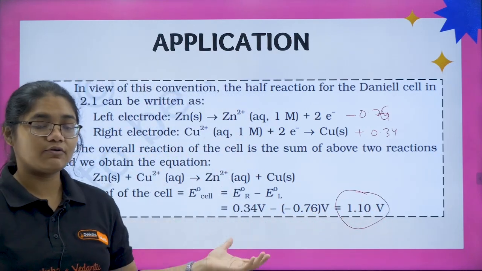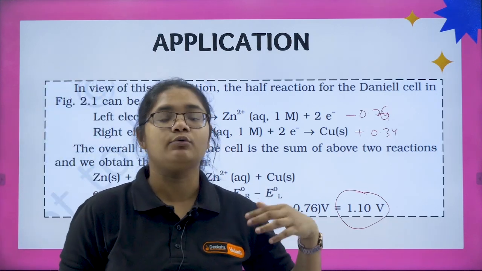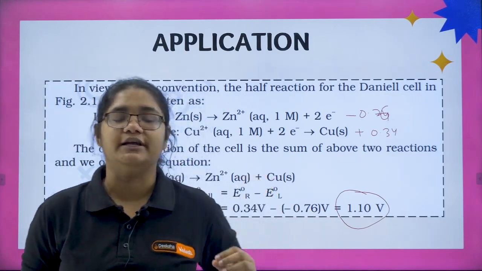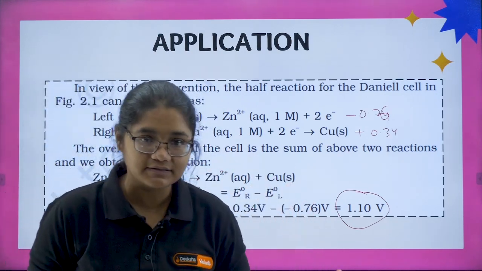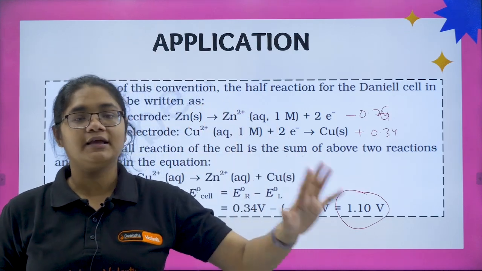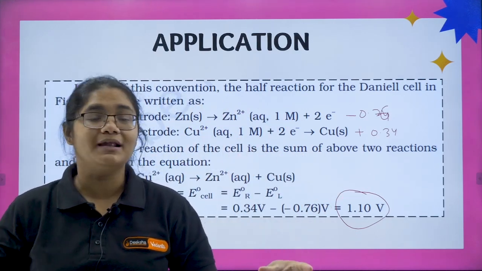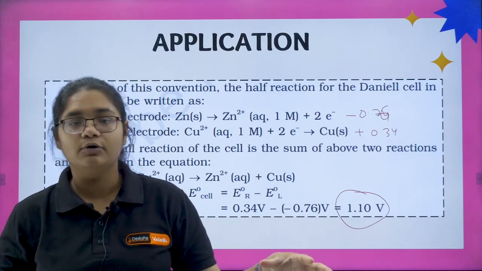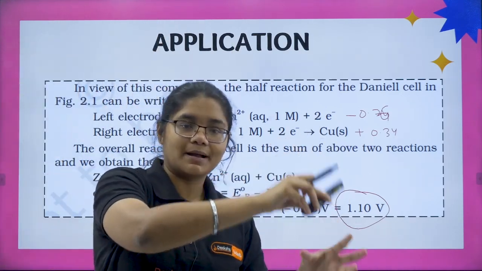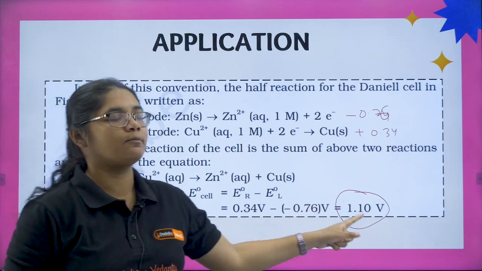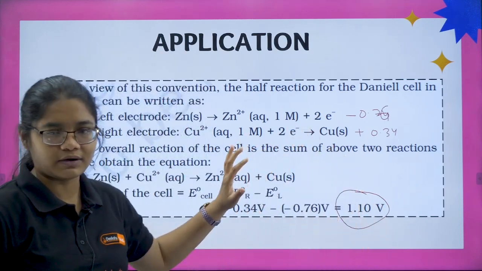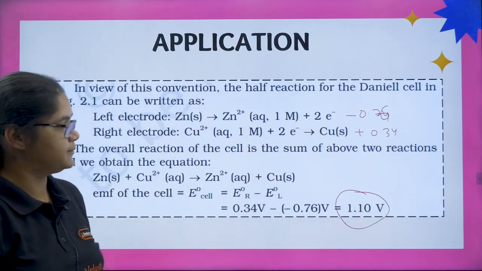In the starting of the galvanic cell, I told you that the potential difference generated is 1.1 volt. That is because for zinc the potential is minus 0.76 and here it is plus 0.34, and plus 0.34 minus of minus 0.76 gives you 1.1 volt. You don't have to remember this calculation, it is just for explanation.